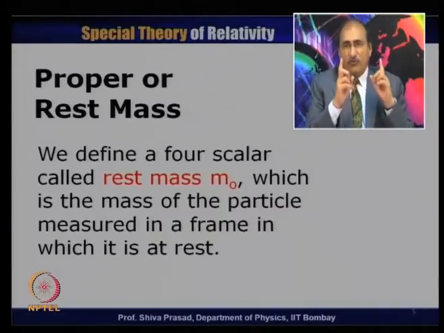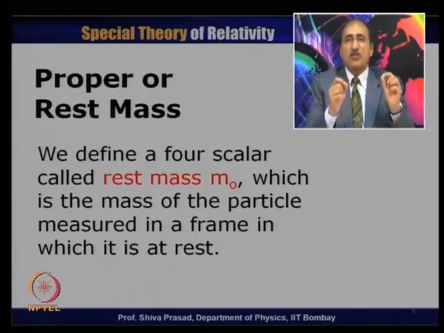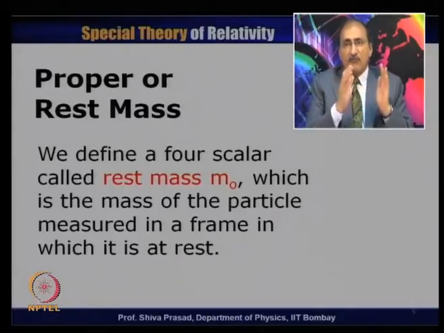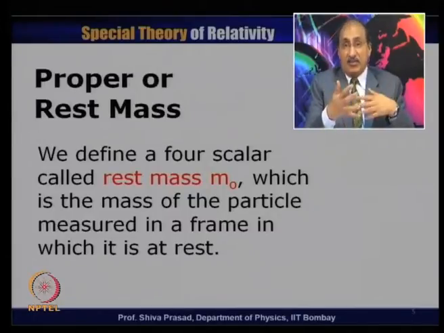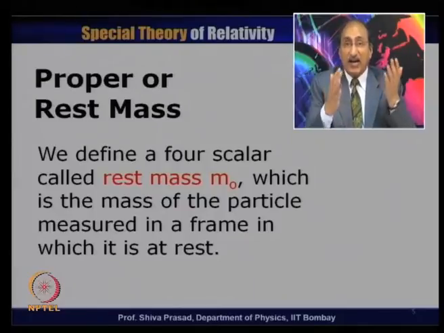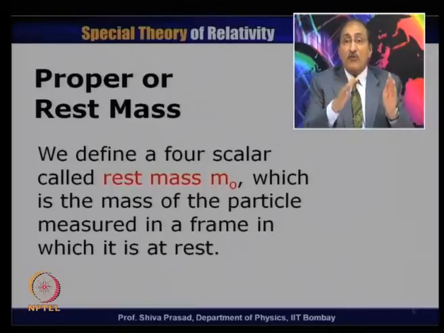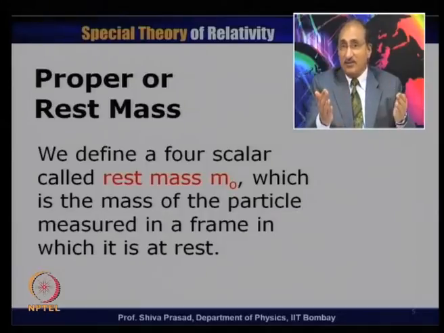So, we define a 4 scalar, a frame independent quantity called the rest mass of the particle, m naught. Once I multiply this m naught by the velocity 4 vector, I expect to get something which has a dimension of momentum, and let us call that the momentum 4 vector. We will eventually see how to physically interpret it and how conservation of momentum becomes a universal principle.